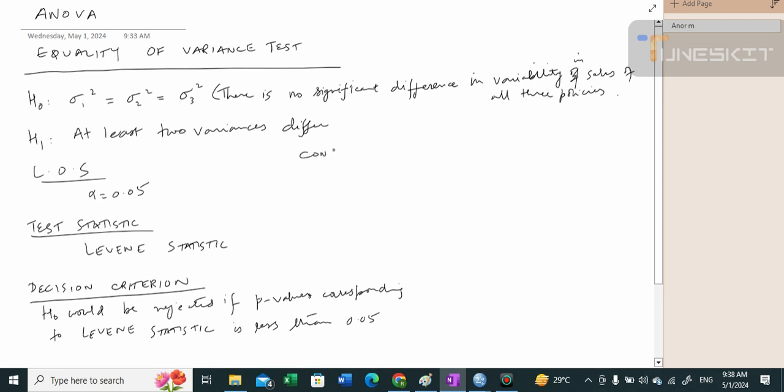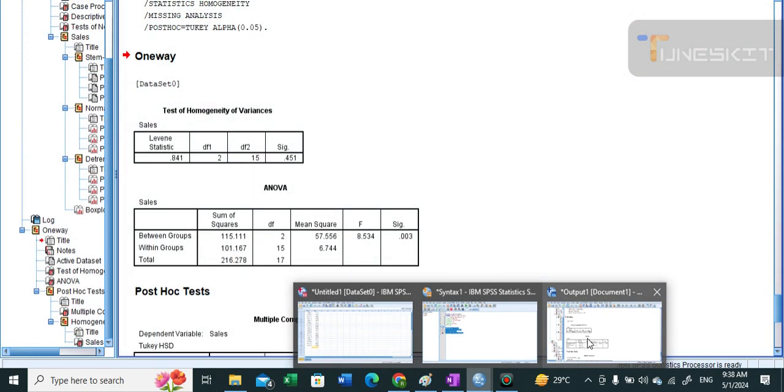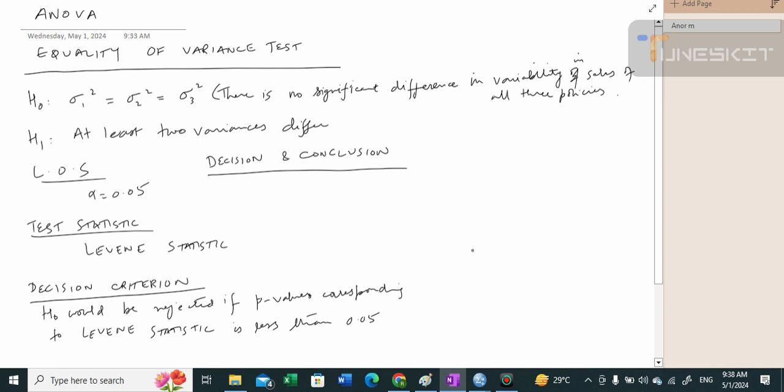Now we write down the decision and conclusion accordingly, after looking at the results in the table. The significance or p-value associated with the Levene statistic is not less than 0.05. Therefore, H naught is not rejected, would be our decision.